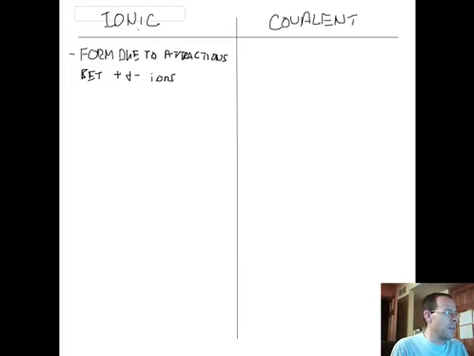Okay, so we're talking about ionic compounds have ionic bonds, and those bonds form due to attractions between positive and negative ions.